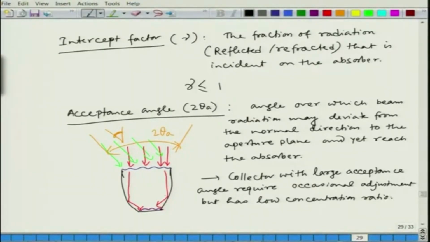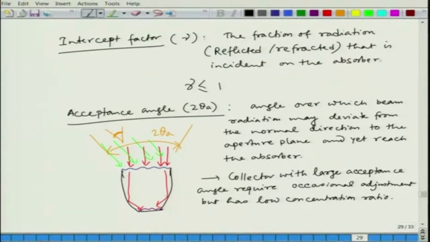So, one limit we can think of the flat plate collector, which is already familiar to you. So, flat plate collector, you have the acceptance angle to be 180 degree. So, from whichever angle it comes, it can absorb a portion of it. Okay. So, their acceptance angle is huge, but you can keep it fixed, you can have like occasional adjustment, but the concentration ratio is the lowest, that is one.